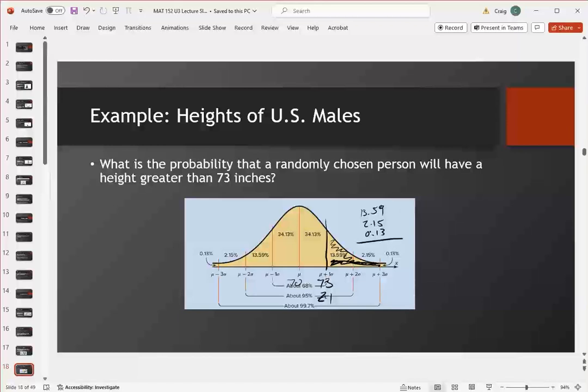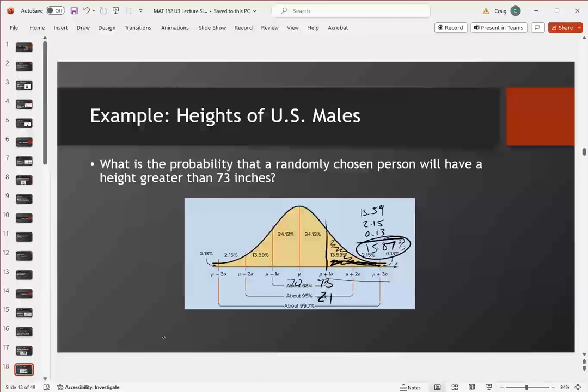If we put this into a calculator real quick, 13.59 plus 2.15 plus 0.13 is 15.87. And so there's a 15.87% probability that your value is above 73.